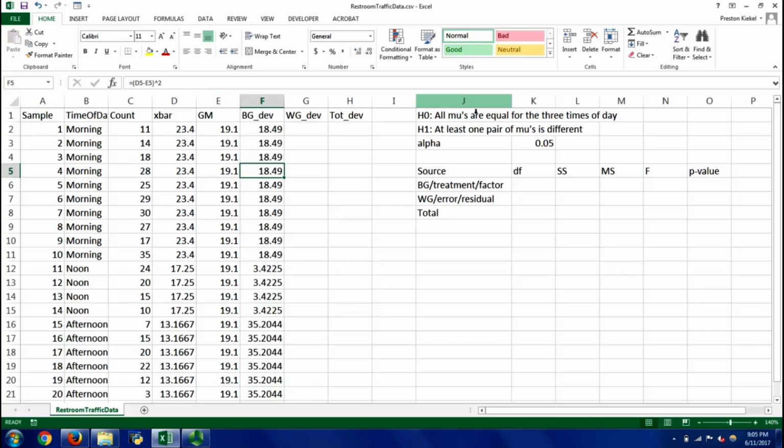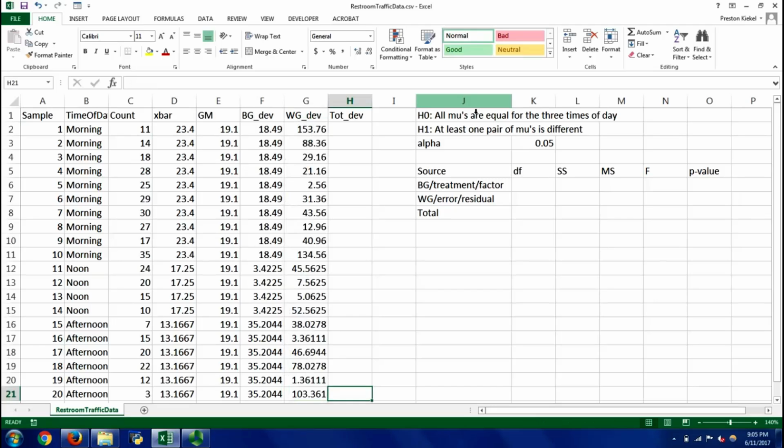And you'll notice we have the same squared deviation for every member of the morning group, the same squared deviation for every member of the noon group, and the same squared deviation for every afternoon. And within groups variation is the deviation of each individual from their group mean. And for this, every person in the data set will have a different value.